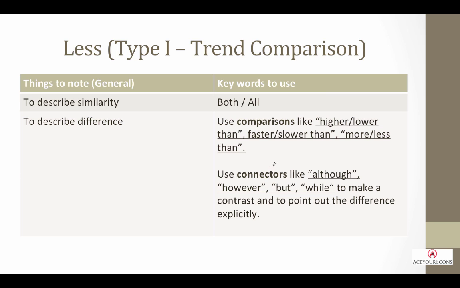This is not a grammar class, but the skillful usage of such terms is going to enhance the flavor in your answer, because you know when to bring up such connectors to show the marker that this is something different. So although, however, but, all this actually shows a contrast, that you are going to bring out a different point.